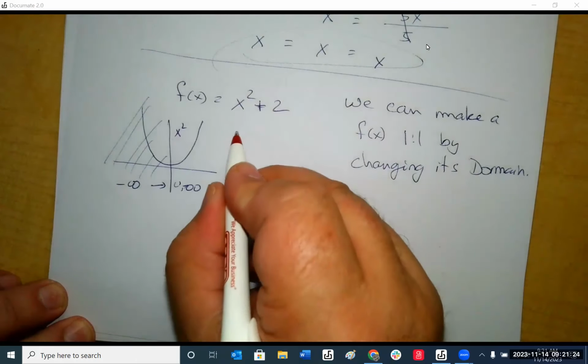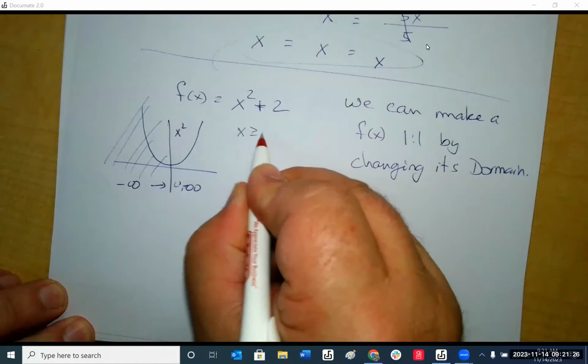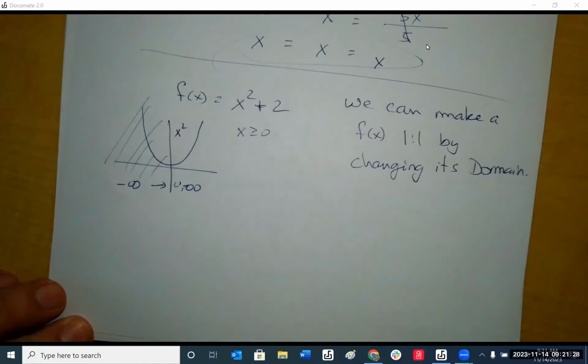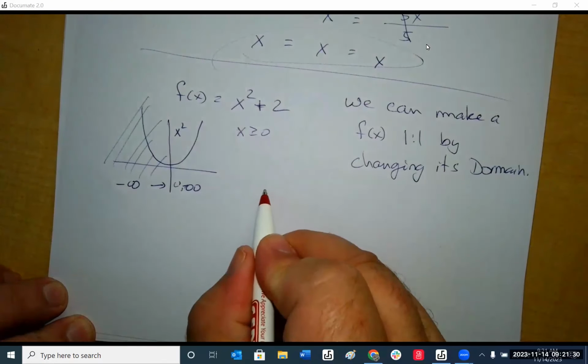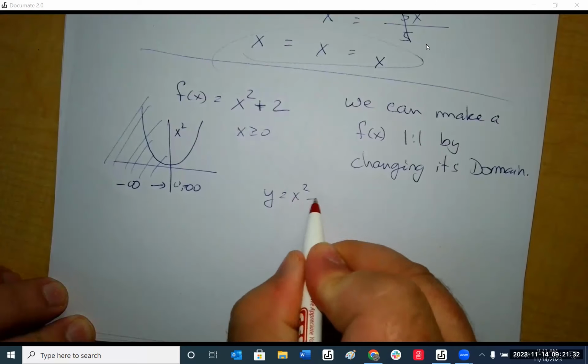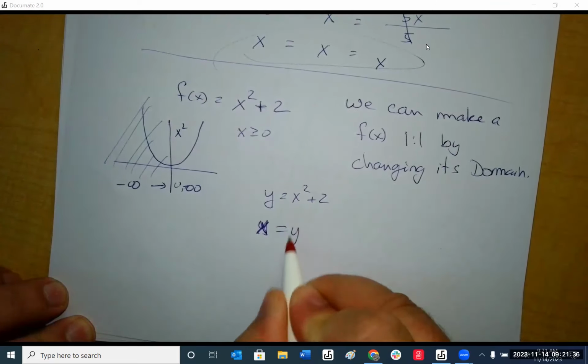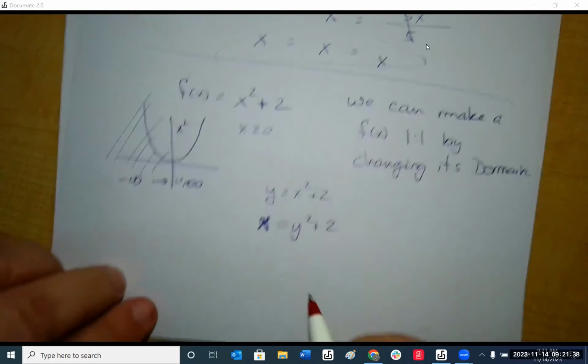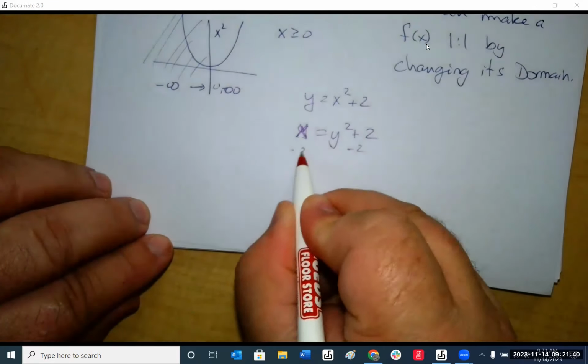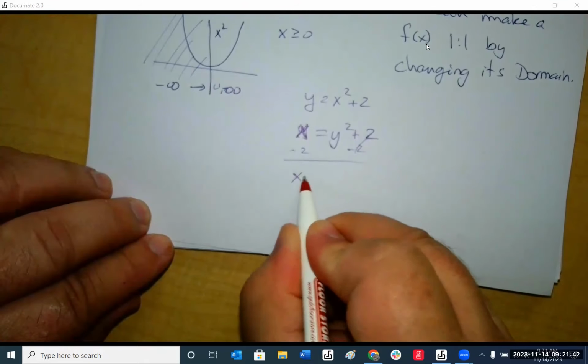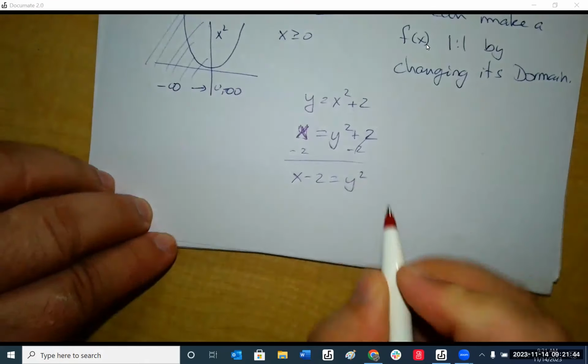If I take this equation and x is greater than or equal to 0 only, then I switch x and y. X minus 2 equals y squared.